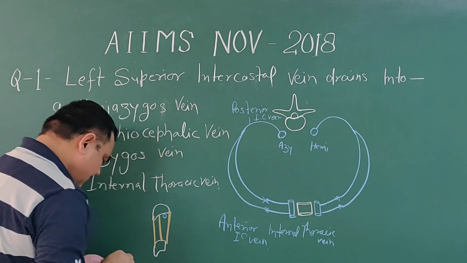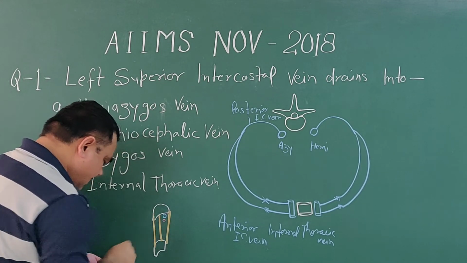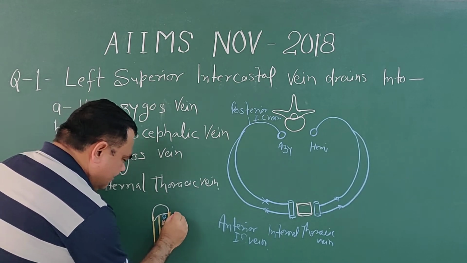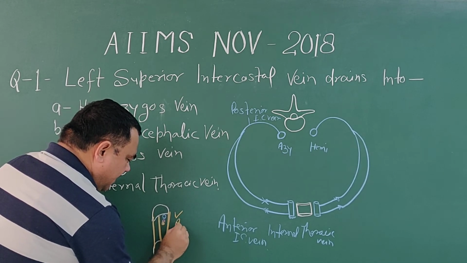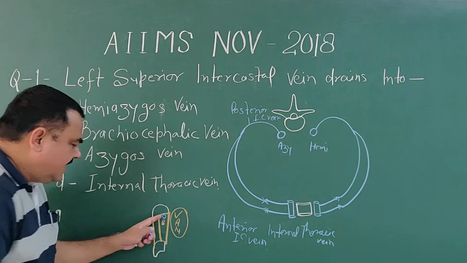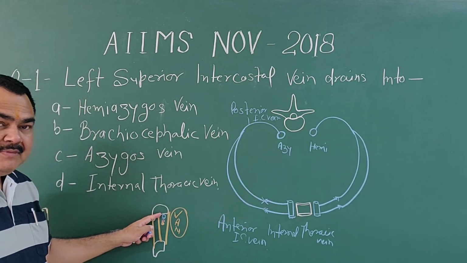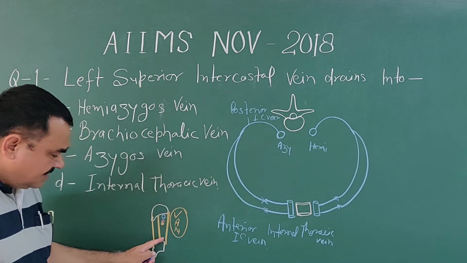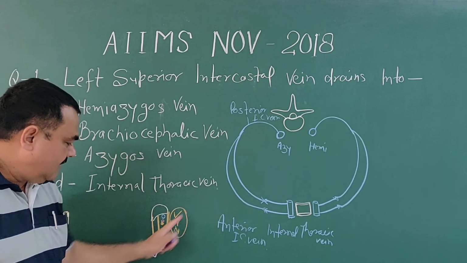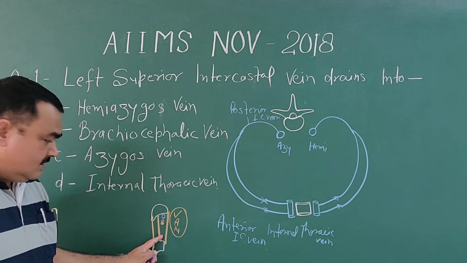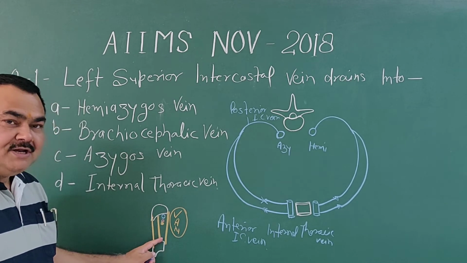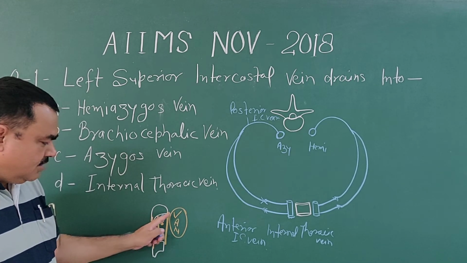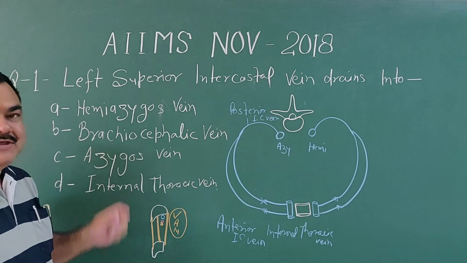So it has vein, then artery, then nerve, from superior to inferior in each costal groove. These collaterals are present here, in the lower margin of the intercostal space. So this is the upper part of the intercostal space. In the costal groove, vein, artery, nerve are present in this sequence.